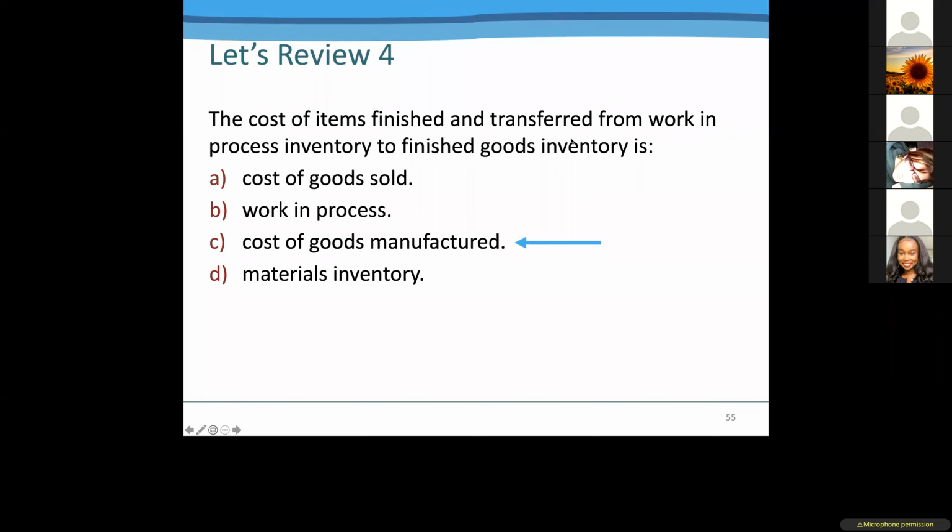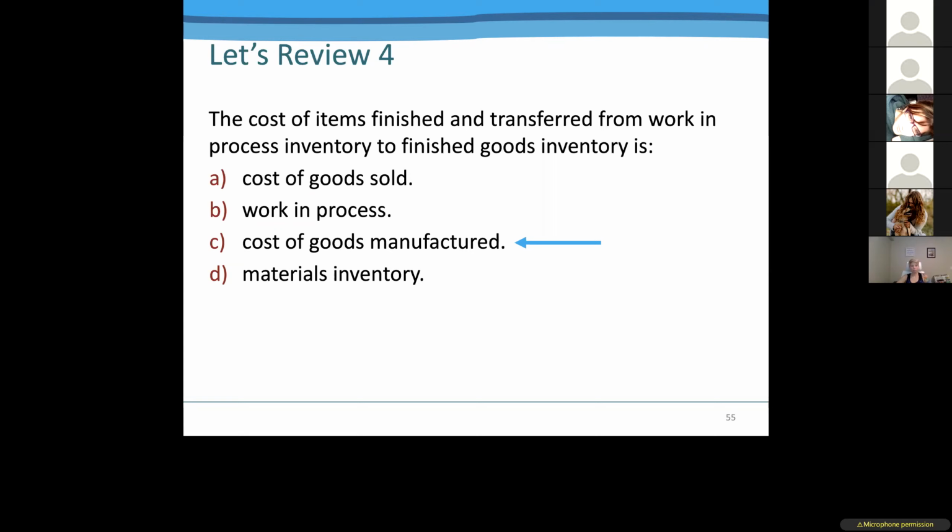We are talking about goods not sold yet. We are talking about from work in process inventory to finished goods inventory, right? This is where the goods are completed but not sold yet.